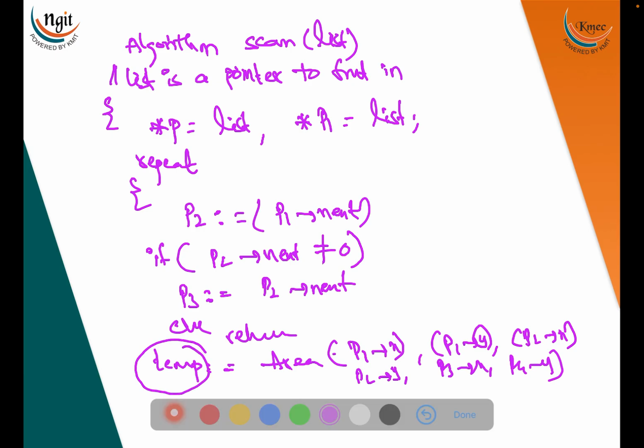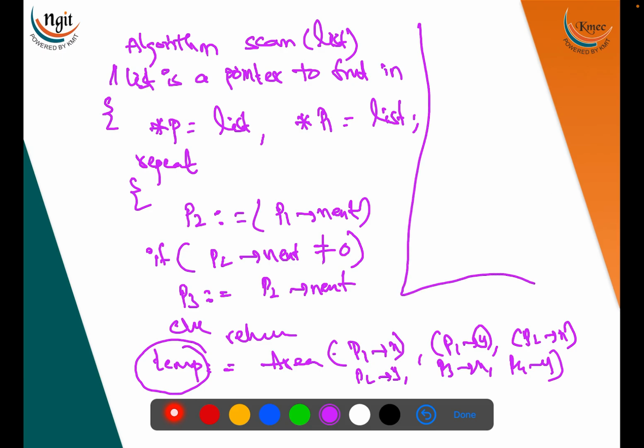If this value is greater than or equal to 0, then p1 is equal to p1 next. We will be pointing to p1 next. If p1, p2, p3 form a left turn, move one point ahead. That is how we travel anti-clockwise.